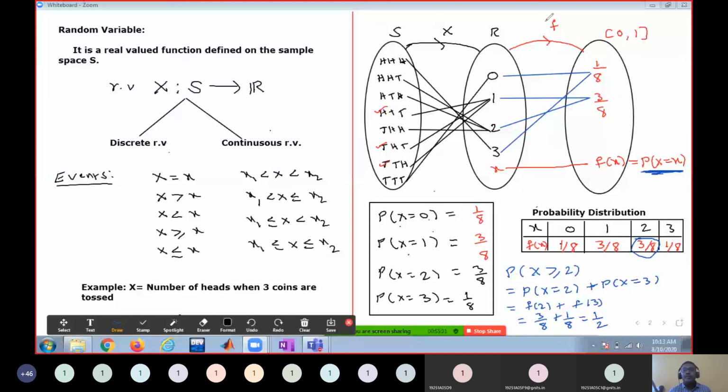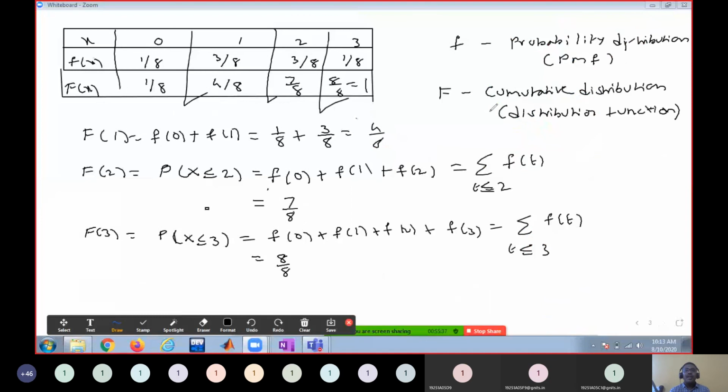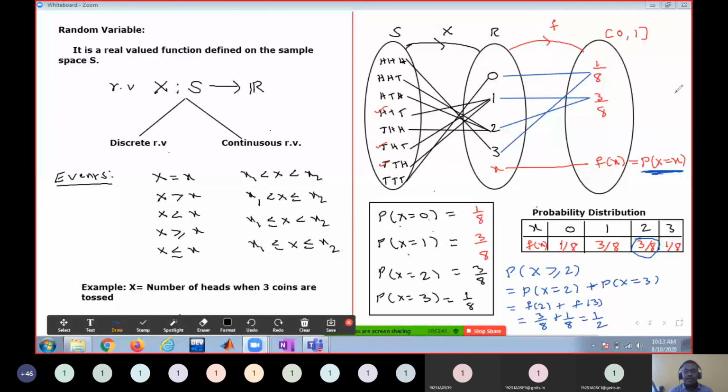Corresponding to probability mass function, there is one more function called cumulative distribution function, or simply distribution function. And the properties of probability mass function are: f of x is always greater than or equal to 0, and the sum of all probability values must be 1.